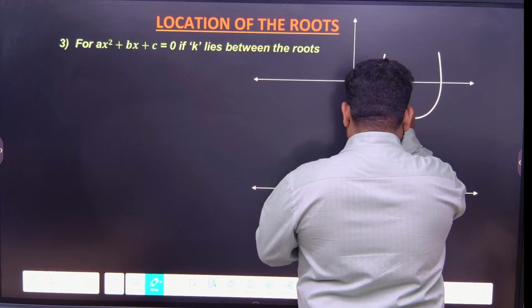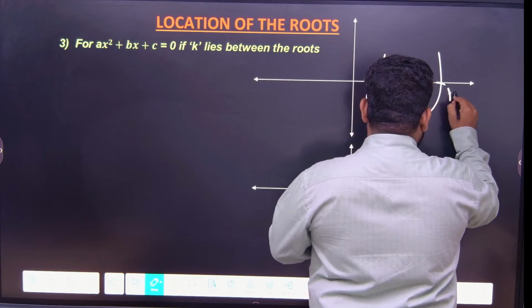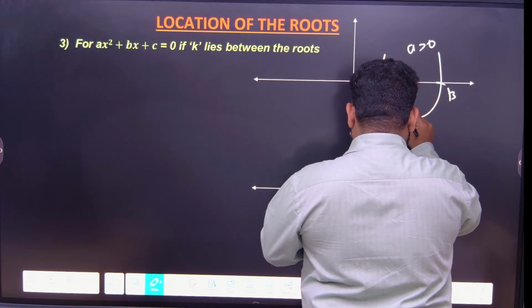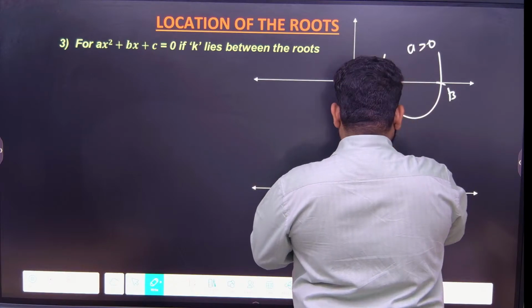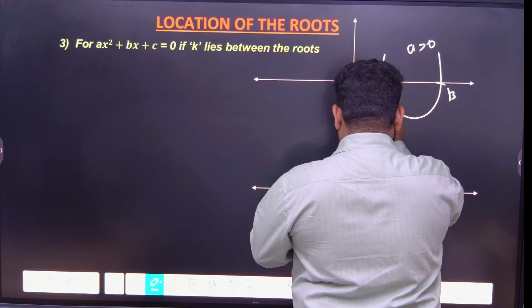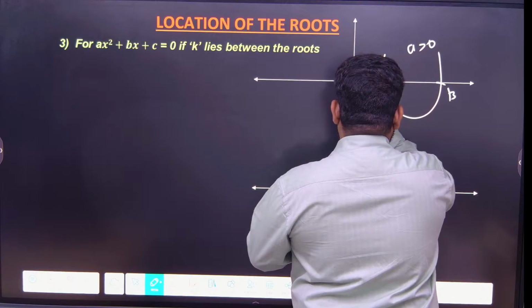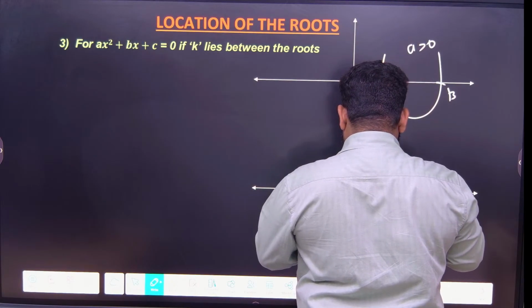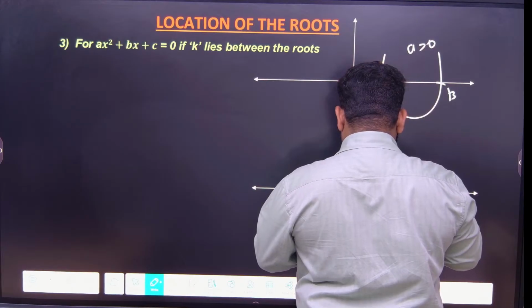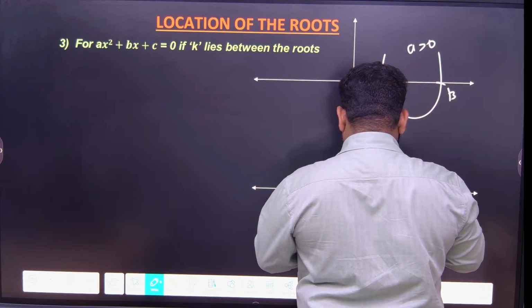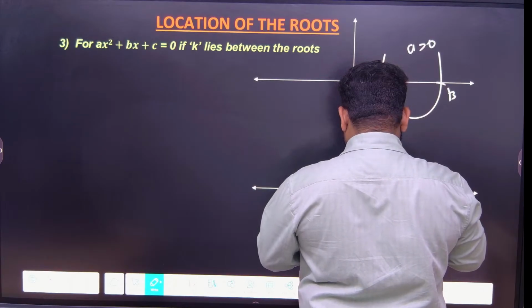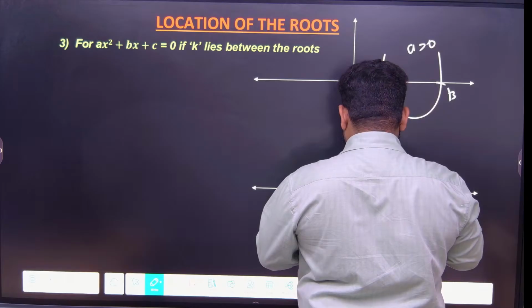This is alpha, this is beta, a is greater than 0 here, and k1 can be here. One of the roots lies in between the roots.